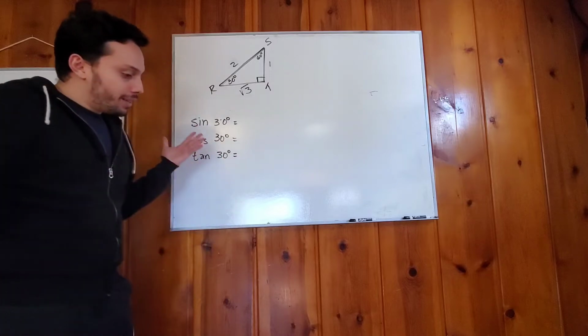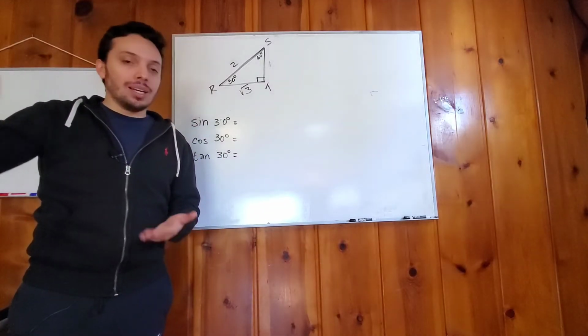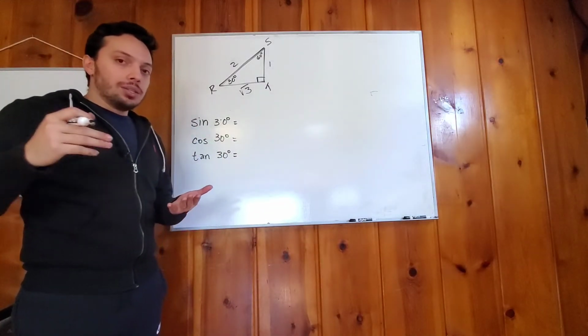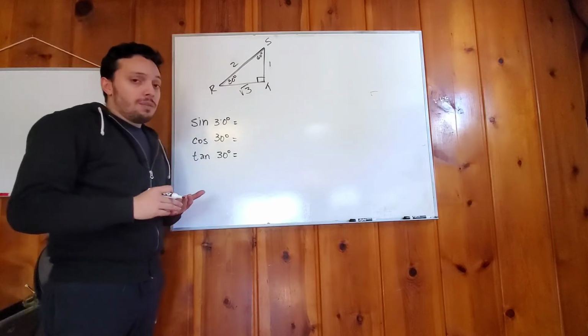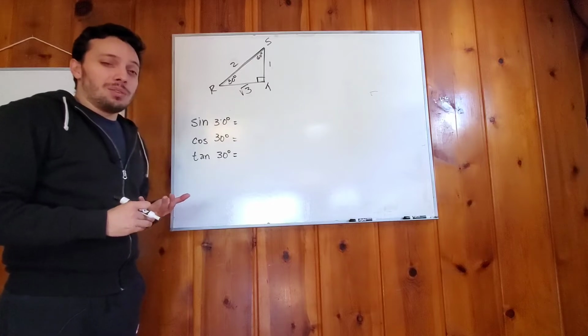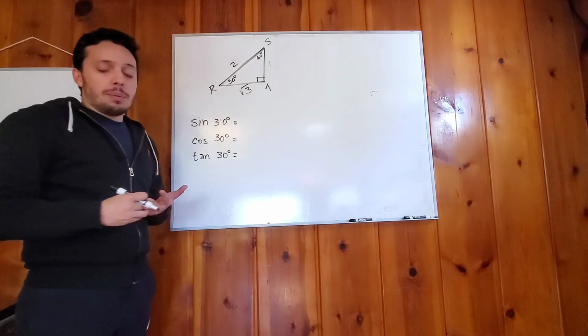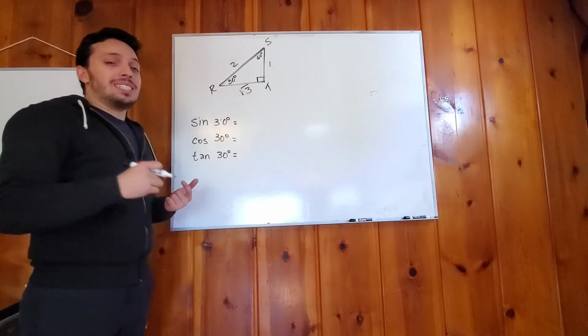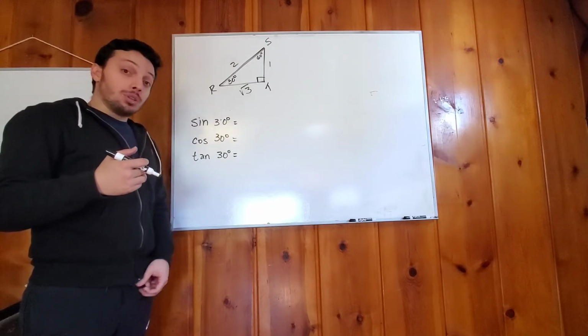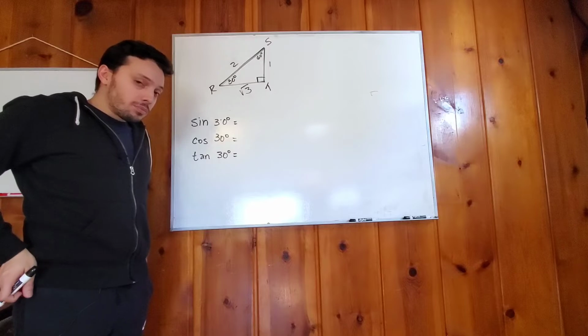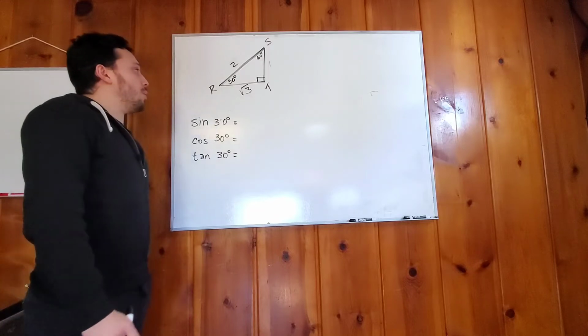How do I know that? I just memorized it, right? So for 30 degrees, the opposite side is 1. For 60 degrees, the opposite side is square root of 3. And for 90 degrees, the opposite is 2. How did we get to this? We used the Pythagorean Theorem to do it.